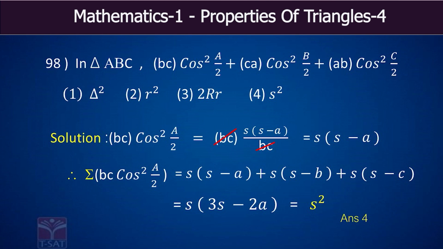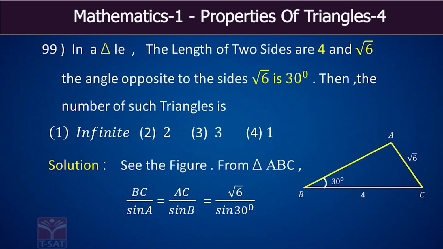So there is 3s minus 2s, which is equal to s². So option number 4.